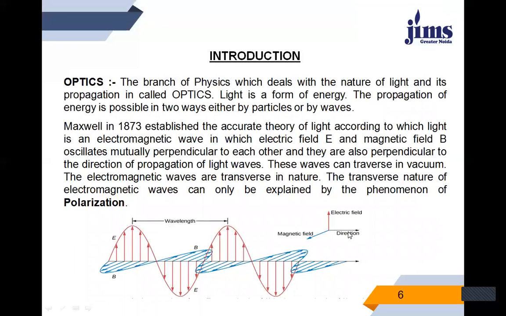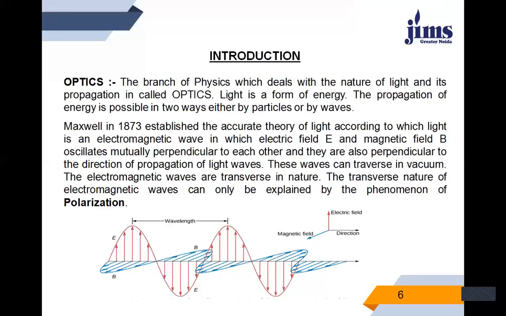The electric field vector is perpendicular to the direction of propagation of light, and the magnetic field vector is also perpendicular to it, and both are perpendicular to each other. Since both vectors are perpendicular to the direction of propagation, the light waves are transverse in nature.